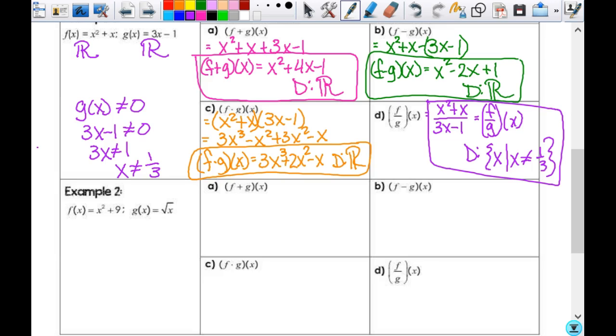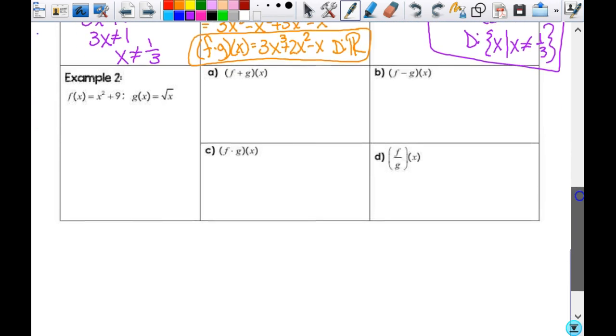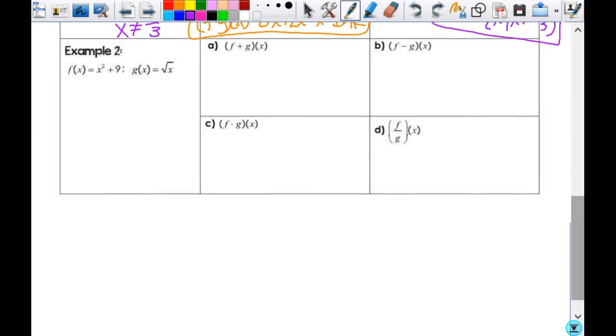All right, this should all be a review, but even though you've done this, you may not have done it with some of the types of functions that we're using, so I want to make sure that we go through all these so that we're not doing weird things. Okay, what is my domain here? All real numbers. Is this all real numbers? No. What has to be true about x?